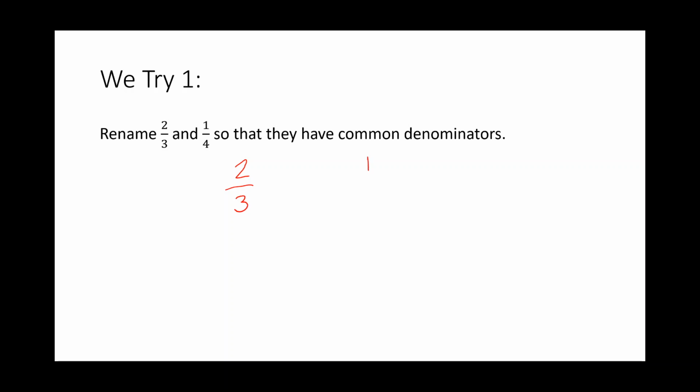Okay, so the least common multiple of 3 and 4 happens to be 12. We looked at that in a previous video. So I'm going to make these have that 12. I need to multiply 3 times 4 to get 12, and I need to multiply this 4 by 3 to get to 12. 2 times 4 is 8. 3 times 4 is 12. 1 times 3 is 3. 3 times 4 is 12.